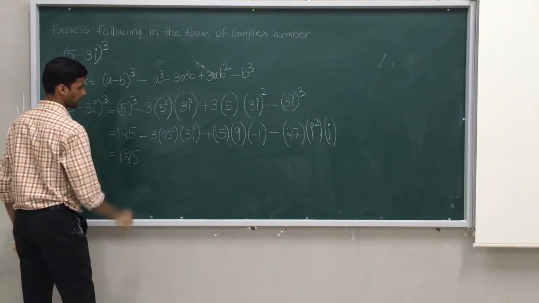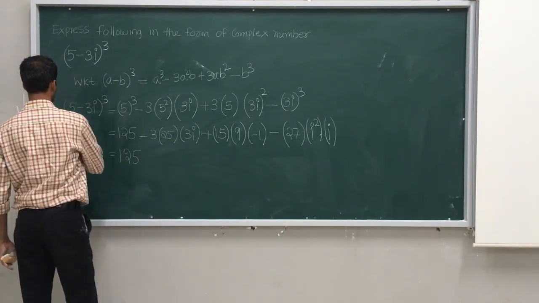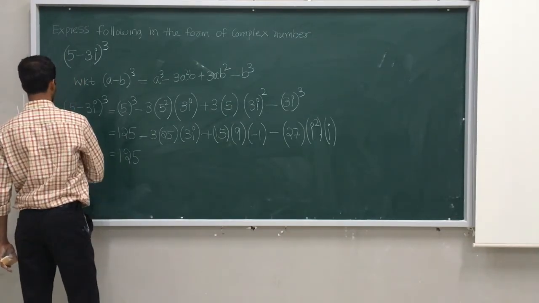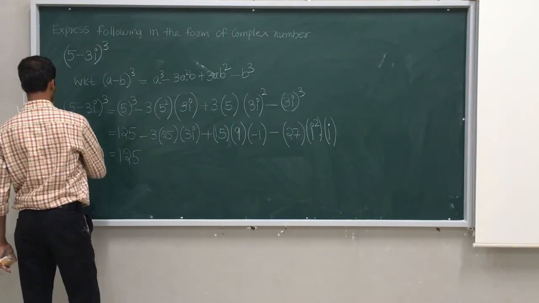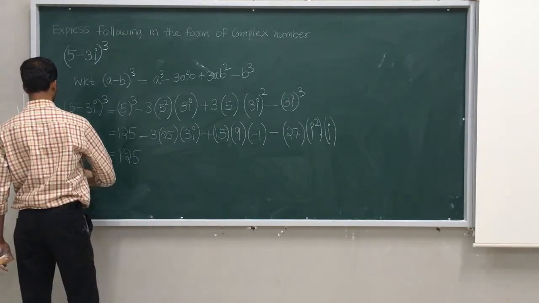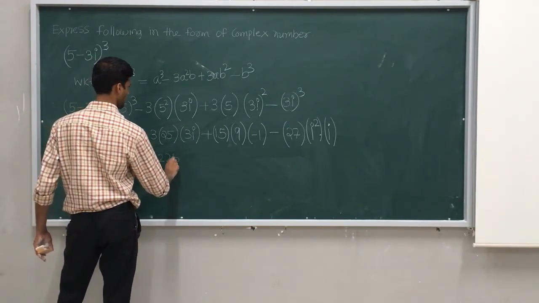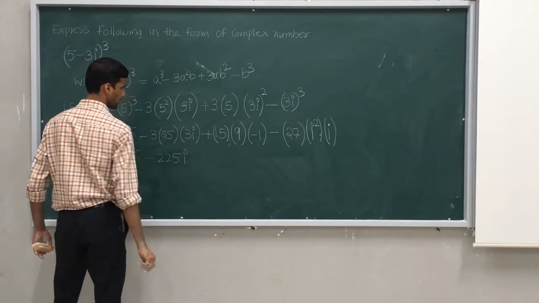So it becomes 125. 25 threes are 75, then 75 threes are 150 plus 75, I guess it is 225. Yes, it is 225i.